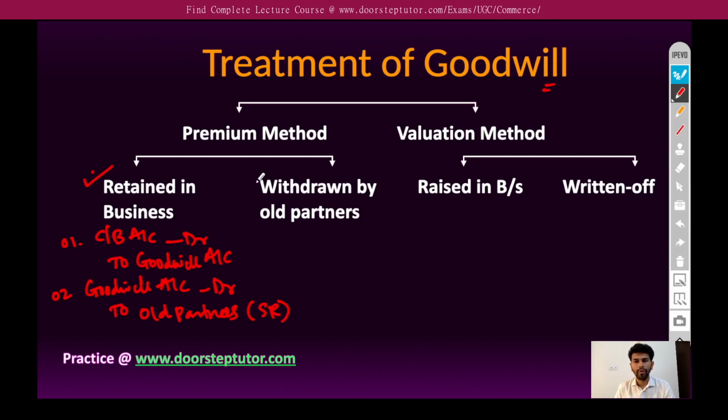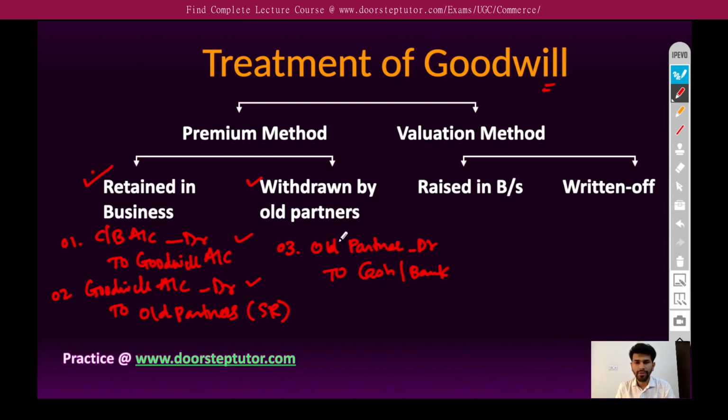If the amount of goodwill is withdrawn by old partners, then along with these two journal entries, the third journal entry will be old partners capital account debit to cash or bank account, because old partners are the receivers of the cash and cash is going out.